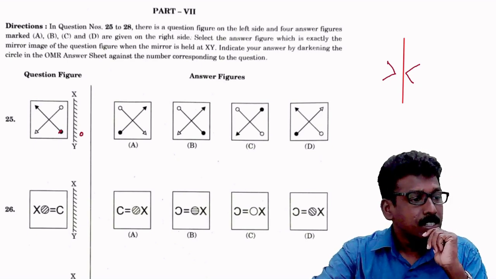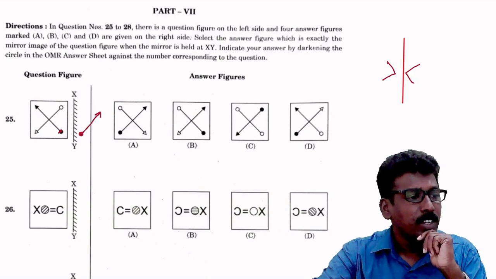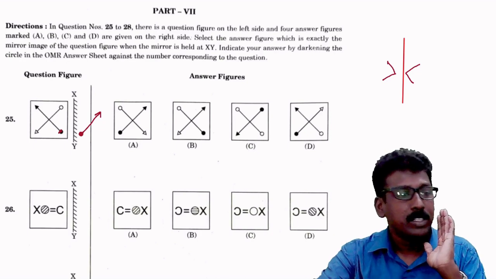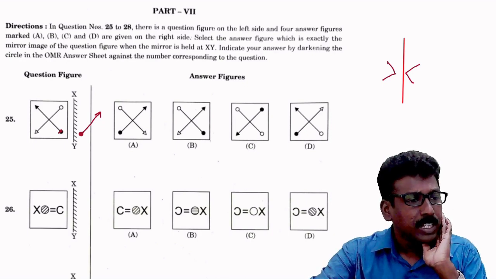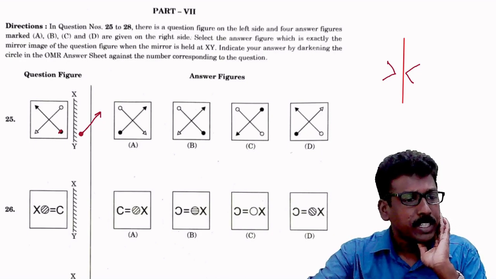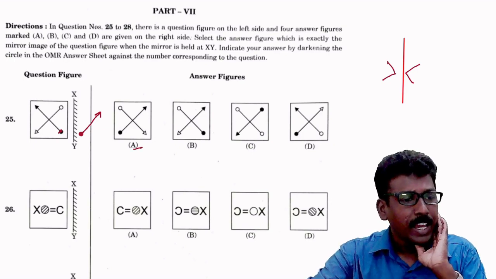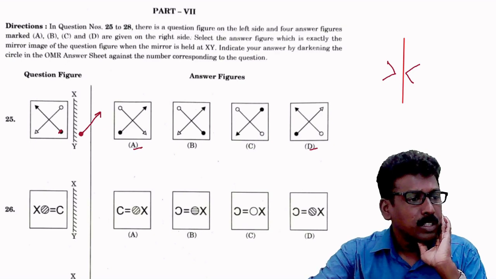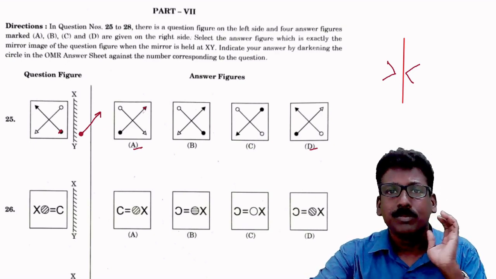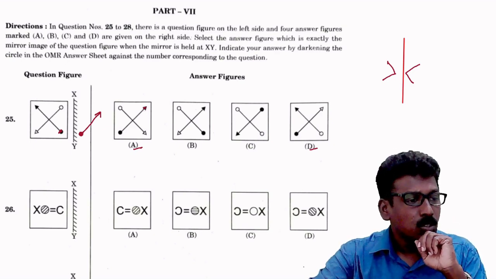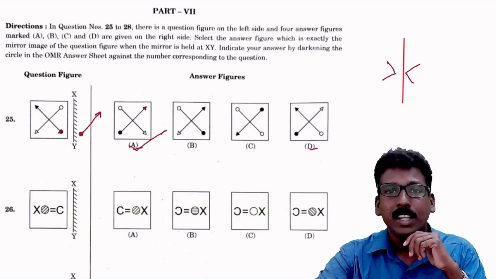Okay, here is a small circular part and in this way it will appear in the mirror image. So that correct figure, yes, it comes in A and D, but in both it is darkened or shaded. So A is the correct answer.